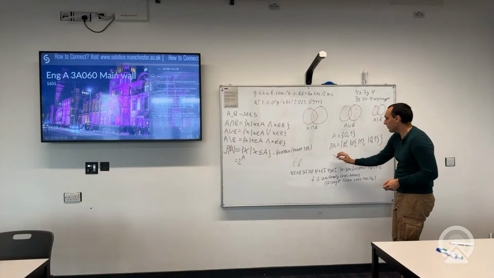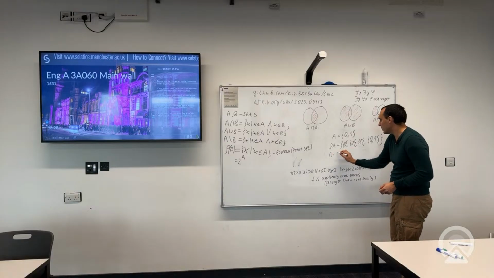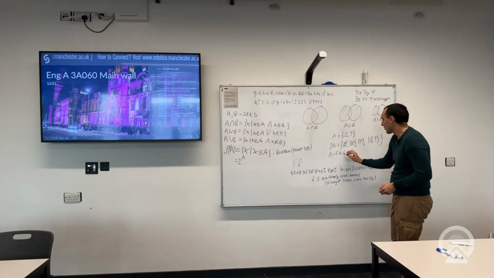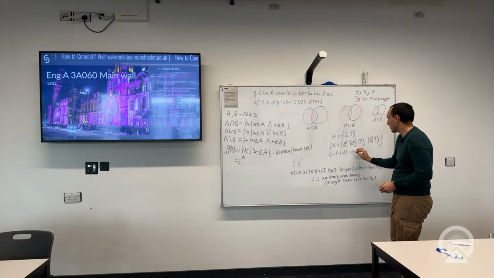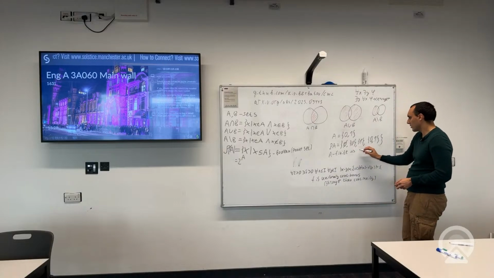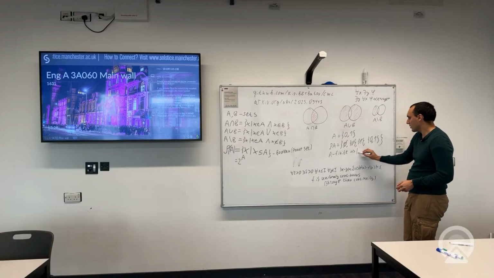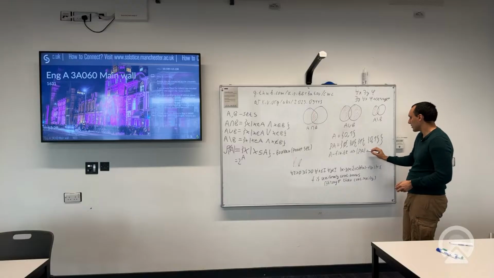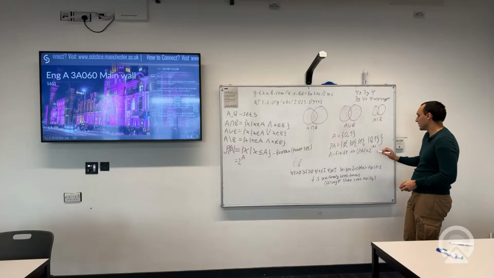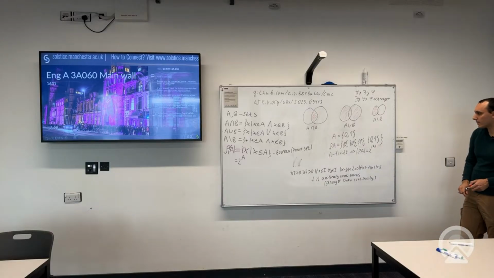So if A is finite, then the Boolean of A has 2 to the power of the absolute value of A elements.